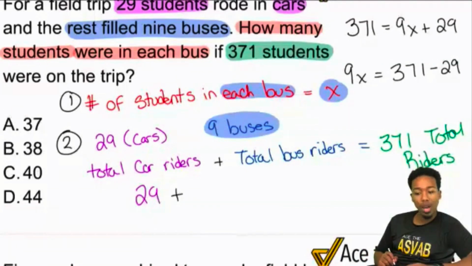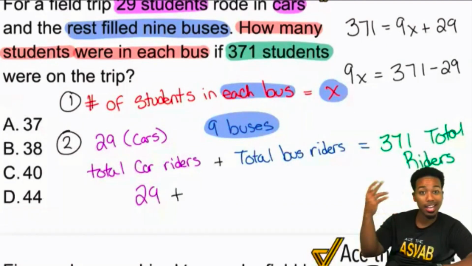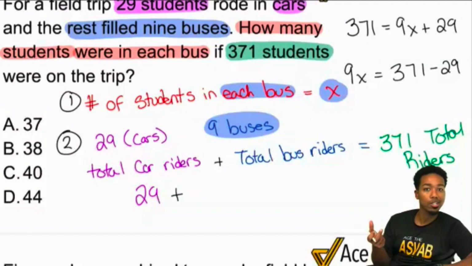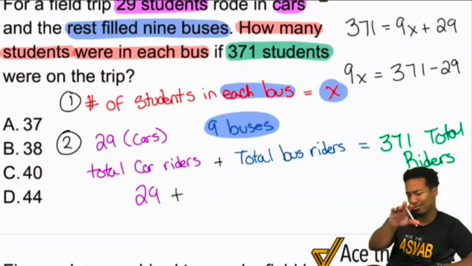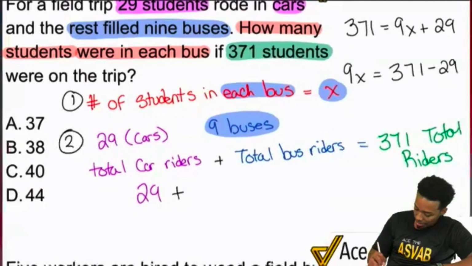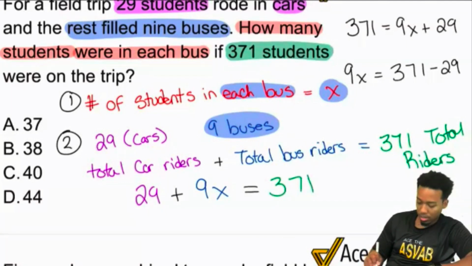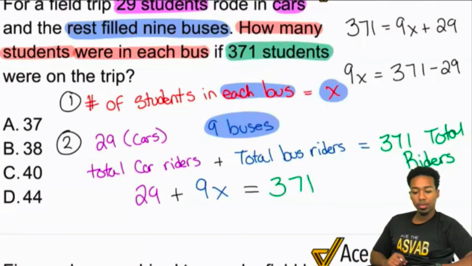So what should we write to represent the total bus riders? 9B or 9X or 9C or 9K, whatever letter you use to represent the students in each bus, it's on you. But it's going to be 9 times that variable. And the grand total, once you add everything up, is 371.